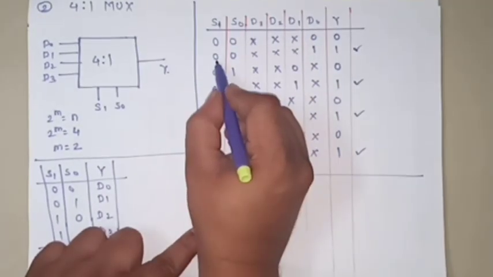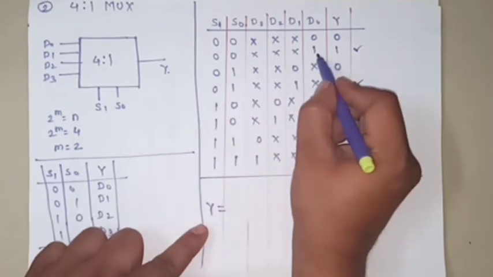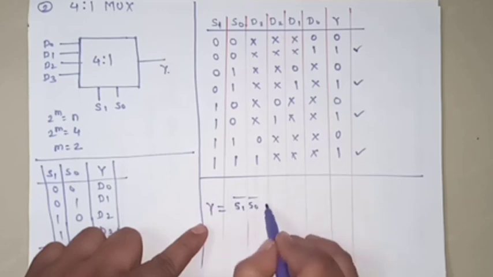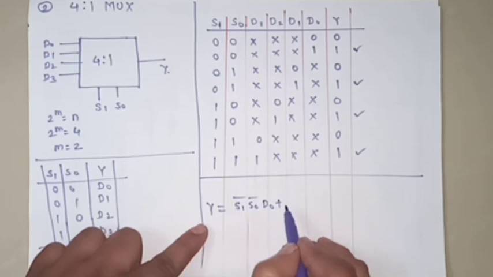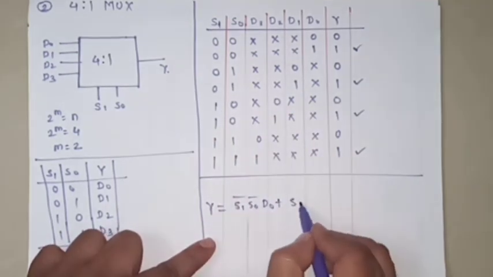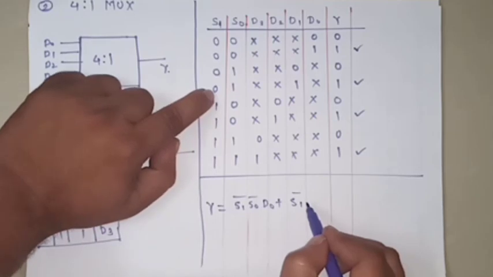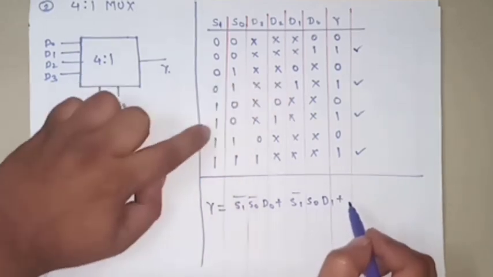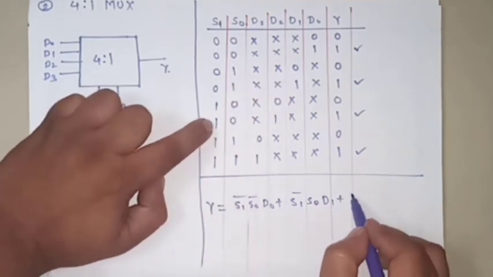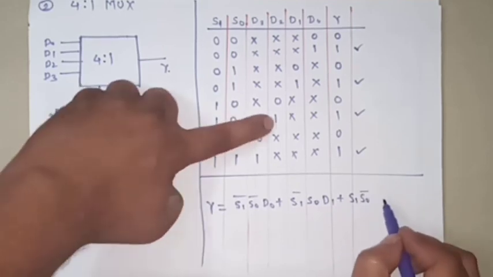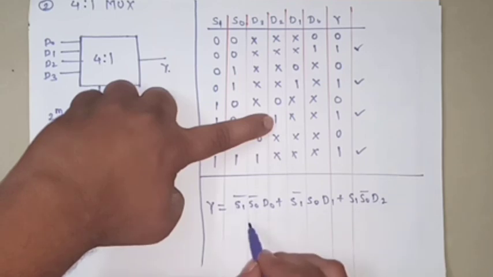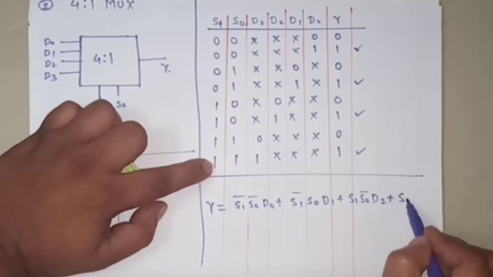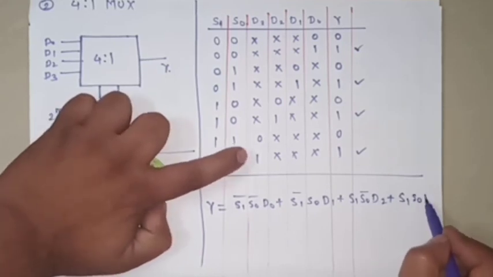So the product terms are: S1 bar, S0 bar and D0, plus S1 bar, S0 and D1, plus S1 S0 bar D2, and the last condition, S1 S0 D3.